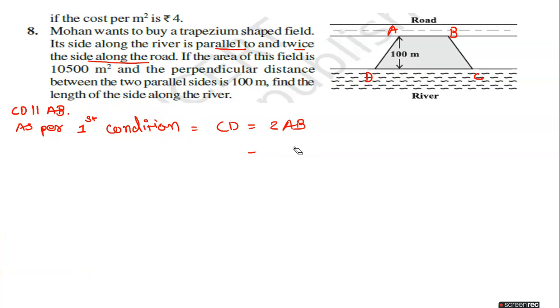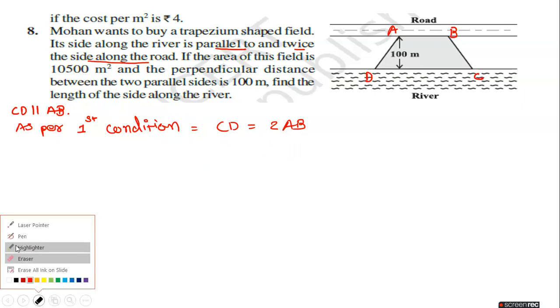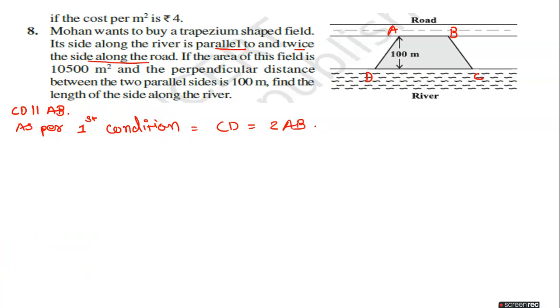So we can write it as equation number one, if you want to give some equation number, otherwise it's not required. CD is equal to 2AB. It means that if AB is equal to 10 meter, just assume, then CD is equal to 20 meter. So these both are parallel, and one is double of the other. I think the first condition is clear.